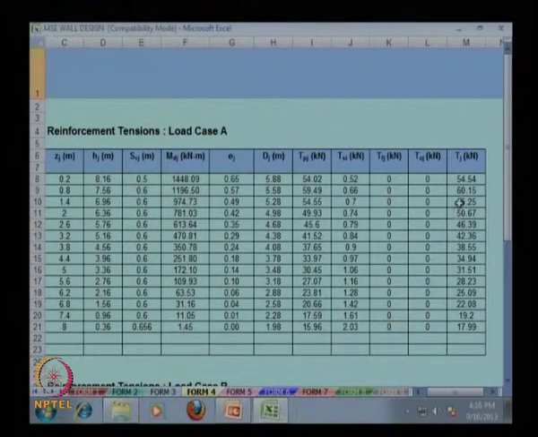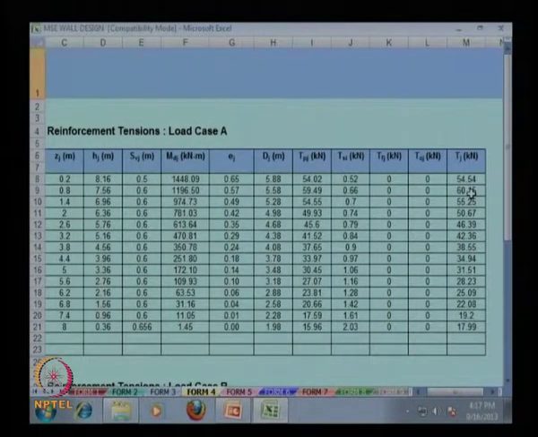So this is 64.54, 60.15, and then 55.25, 50.67, 46.39, 42.36, 38.55, 34.94, 31.51, 28.23, 26.09, 22.08, and 19.2 and 17.99.